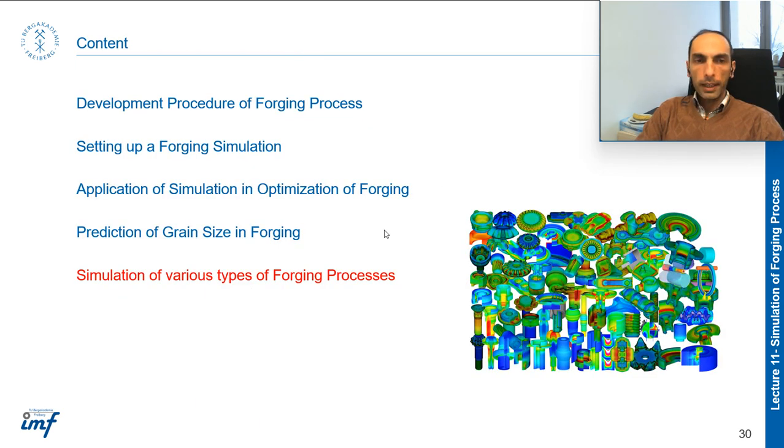And the last part of the lecture for today is the simulation of various types of forging process. Here you can see many examples of simulation of the products, and if you check in detail you can see most of them are forging, but the drawing and maybe the rolling are included.